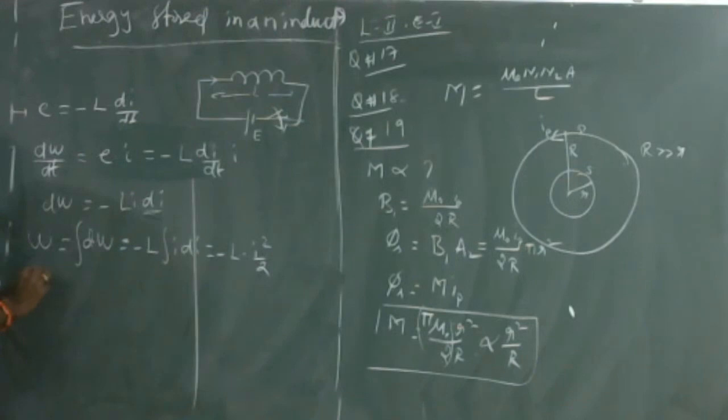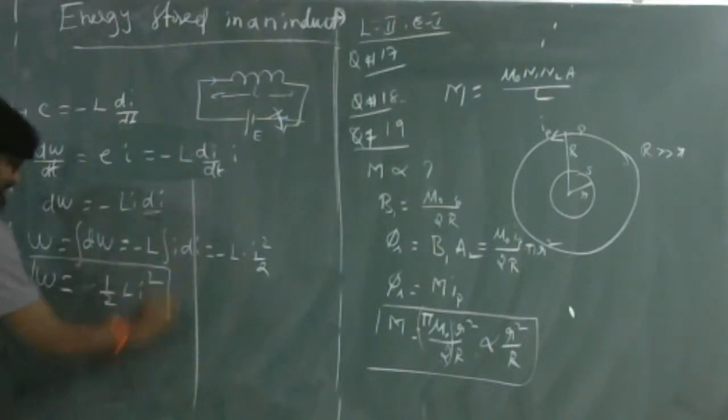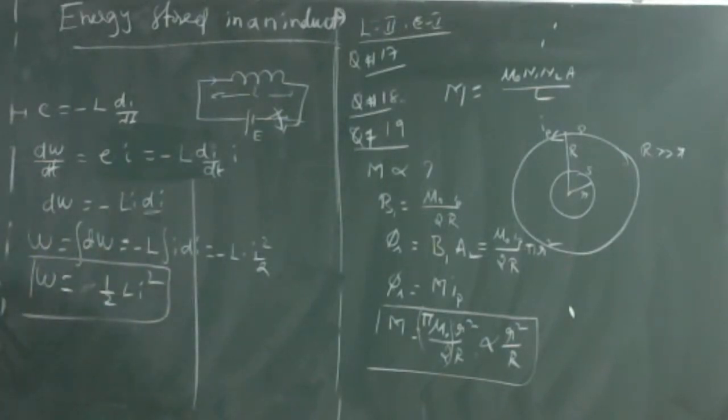So you can also write this as W equal to, taking only the magnitude, if you need, then you just don't worry about that sign convention, half L I square. This work done in growing the current from 0 to the maximum value will be stored as energy in the inductor in the magnetic field.